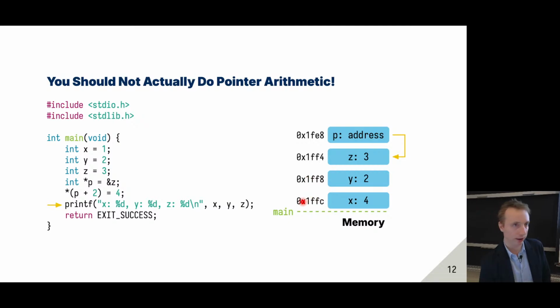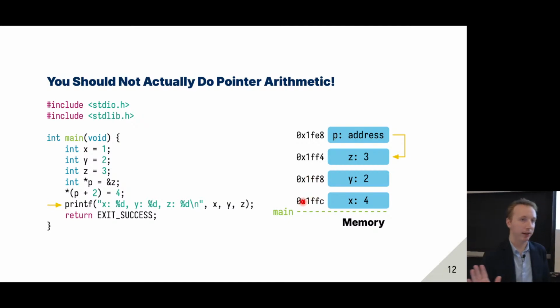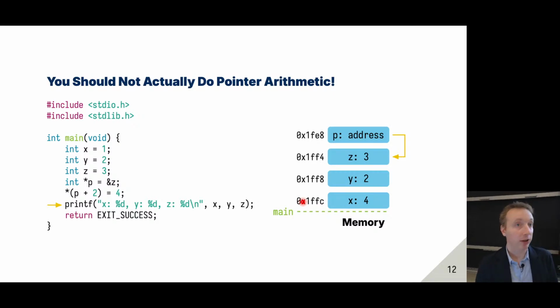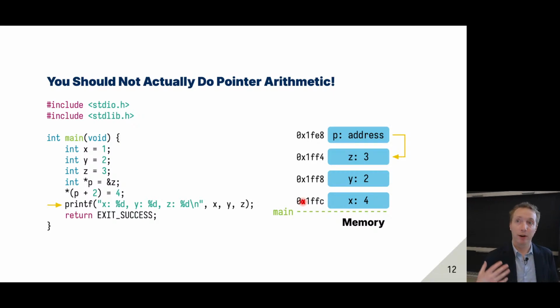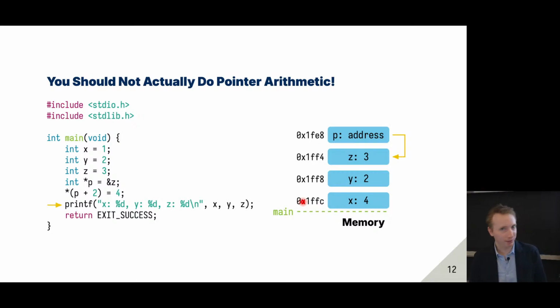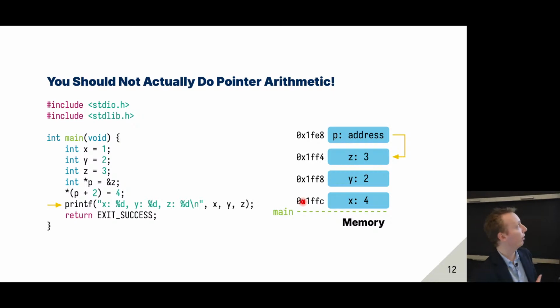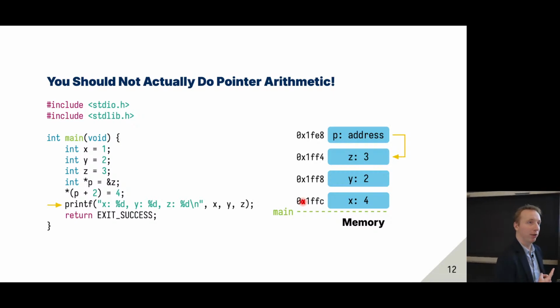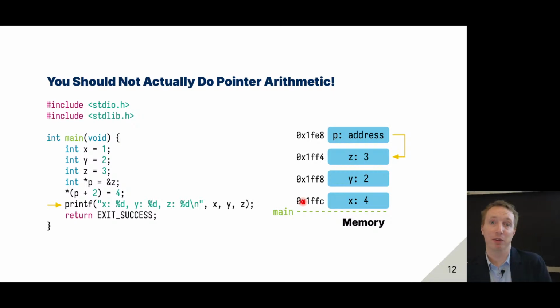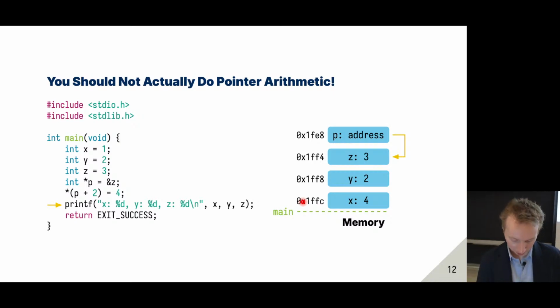After that, C doesn't say anything. There could be space between them. They could not be. It just so happens that on my computer with my specific compiler, they happen to be all in line. So if you run this silly code on your machine, you might get a different result. And you might point somewhere else in memory, which would be even worse.